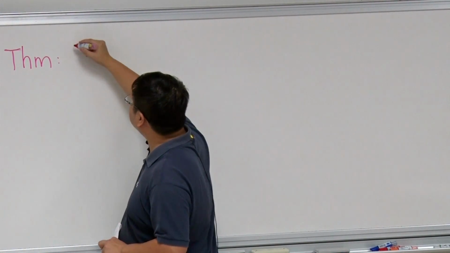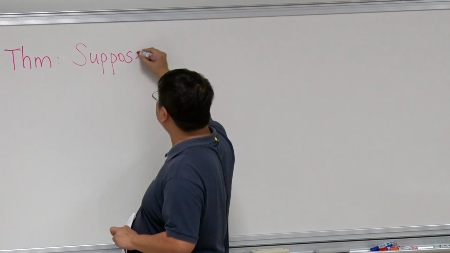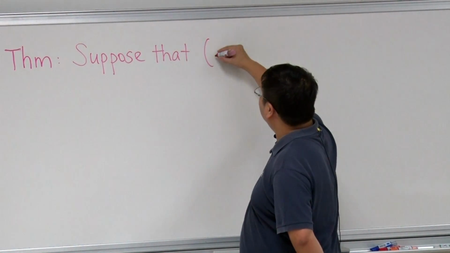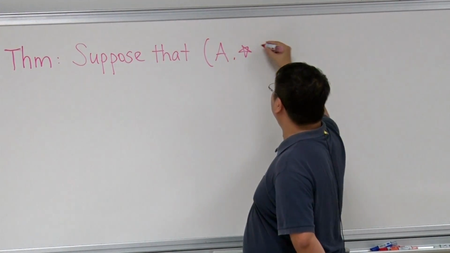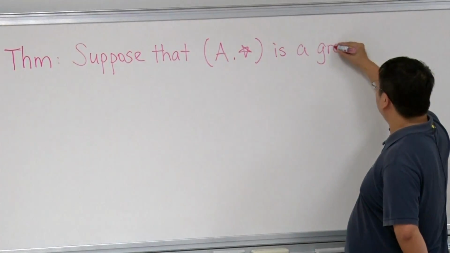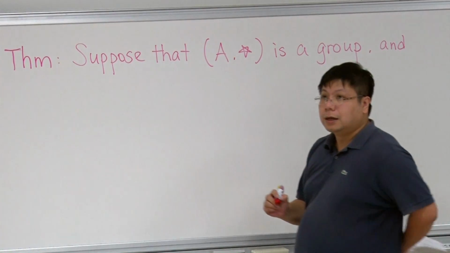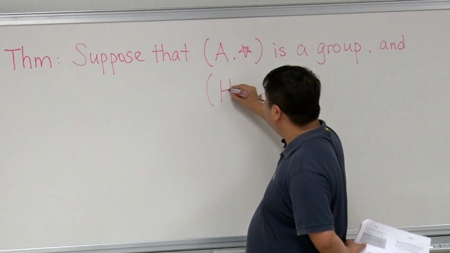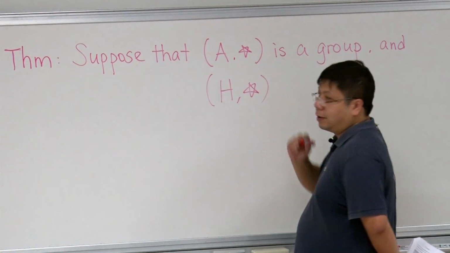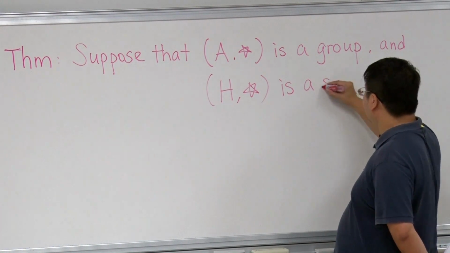Now suppose that the original algebraic system A star is a group, and the H is not chosen randomly. H star also is a group, so H is a subgroup of A star.